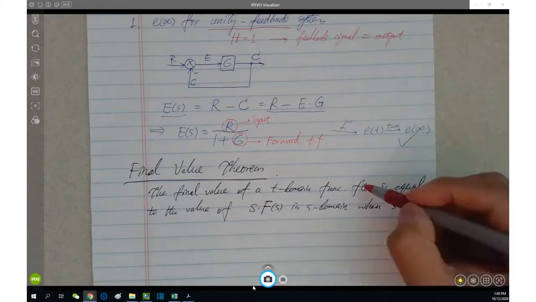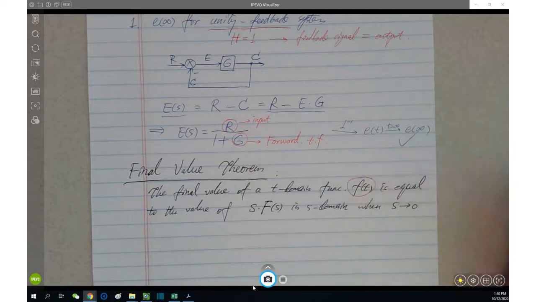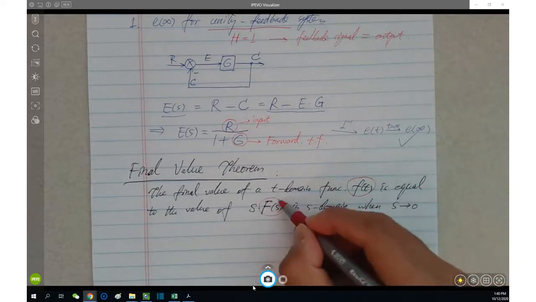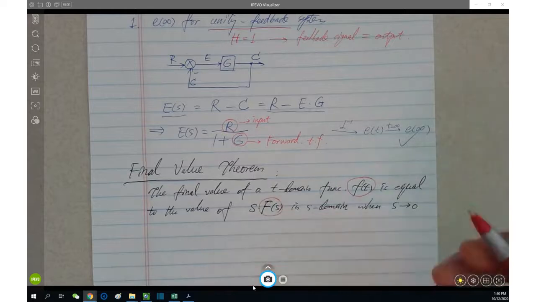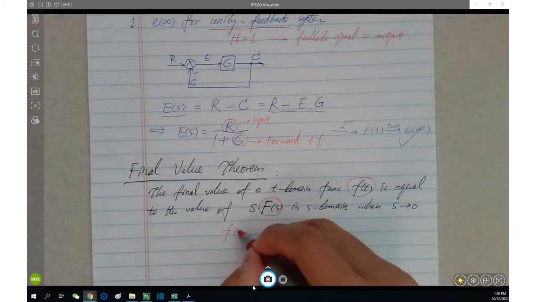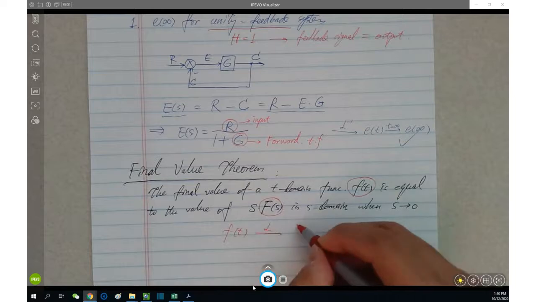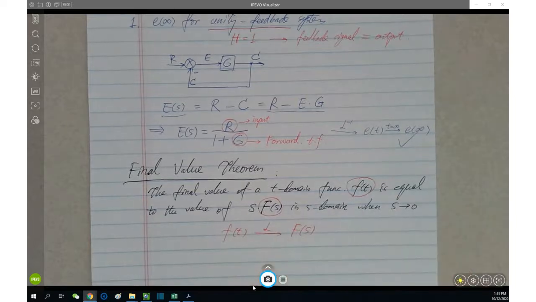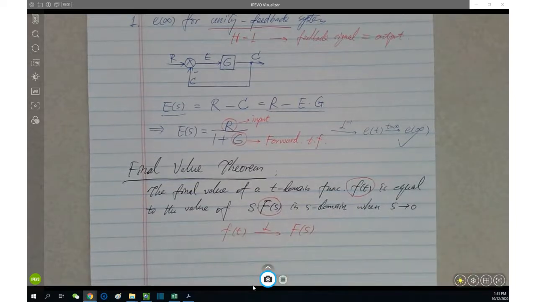Be very careful, okay? This lowercase f of t and capital F of s have a relationship. What's the relationship? Capital F of s is the Laplace transform result of lowercase f of t.